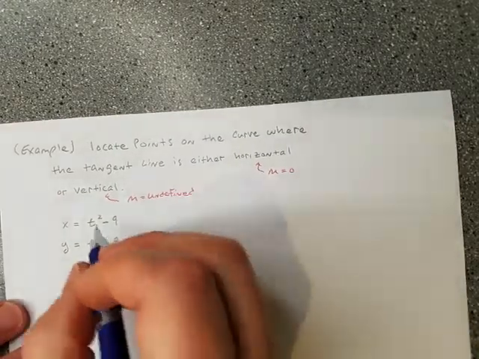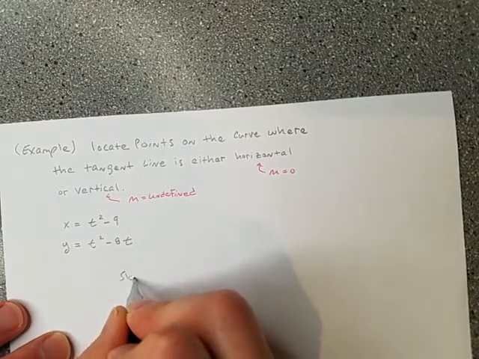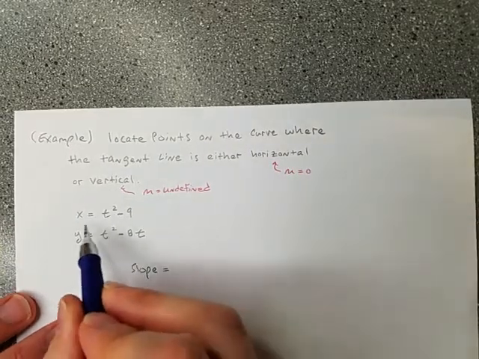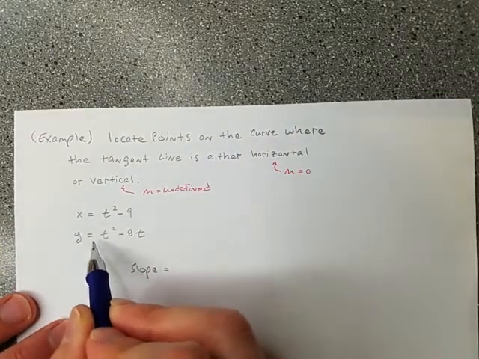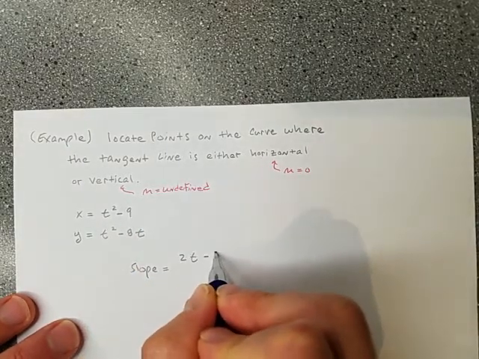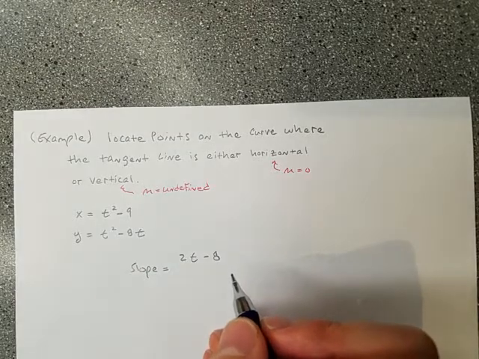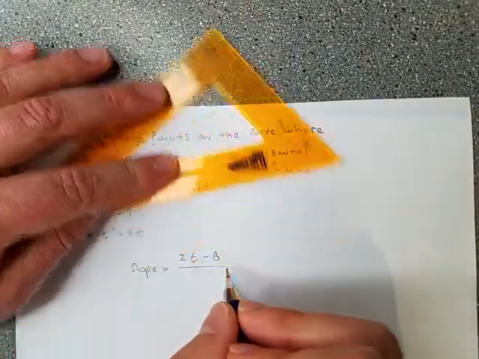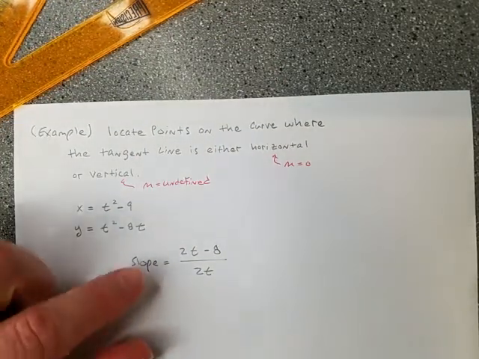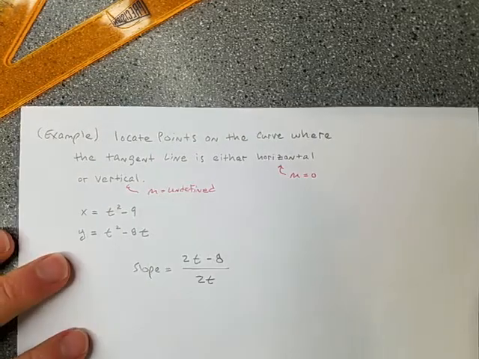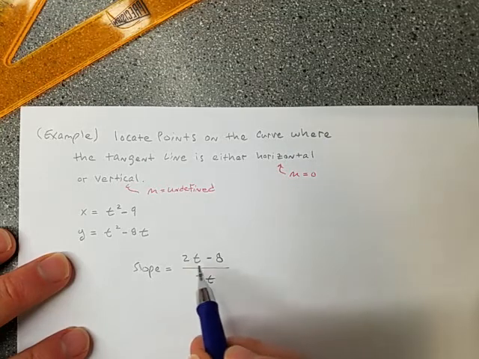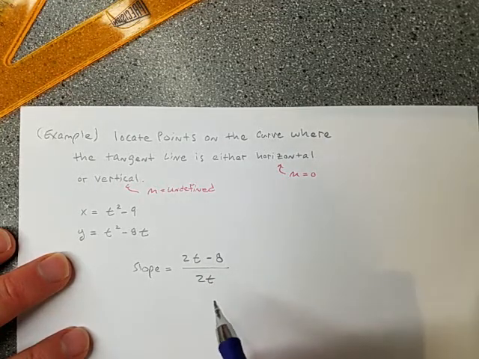So let's start by finding our slope formula. In general, the slope is, what was our formula? The derivative of y dy/dt over dx/dt. So I'll get 2t minus 8 over 2t. It's a fraction. It is 0, or horizontal, if the expression on top is 0 but the bottom isn't.